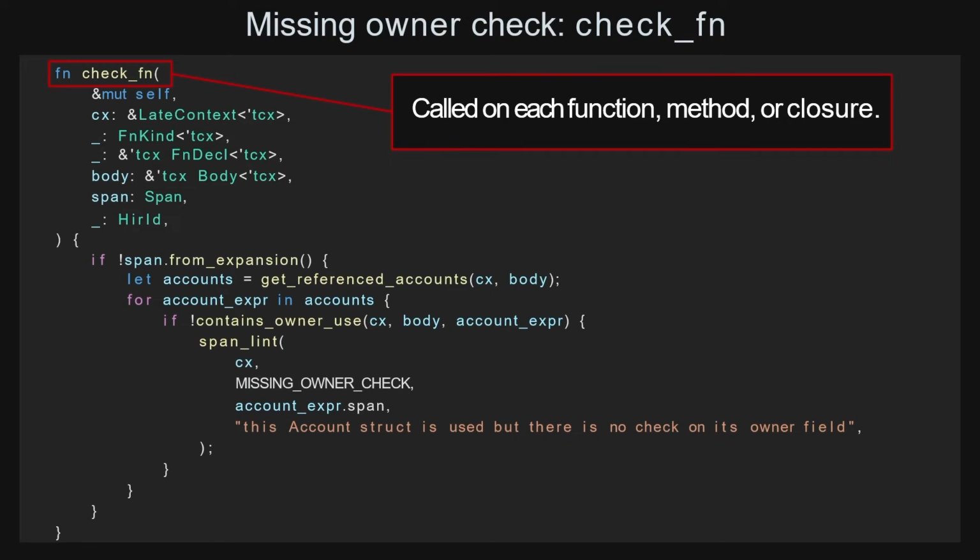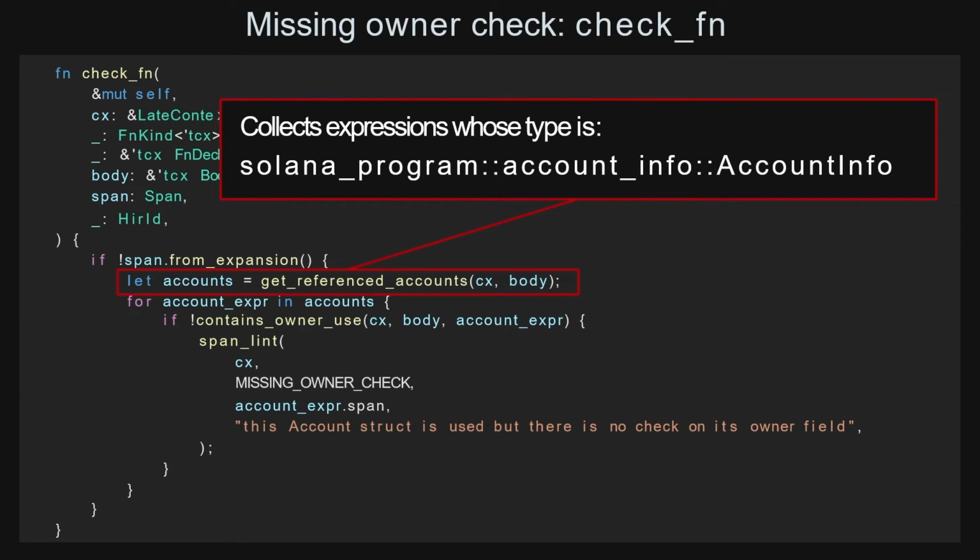This check function will get called by the Rust compiler for each function, method, or closure. Then this function, get referenced accounts, is a function defined within the same lib.rs file. What it does is it walks over each expression within the function body, and it identifies those which have type Solana program account info. It collects those all into a vector.